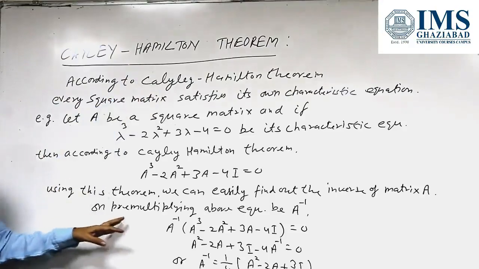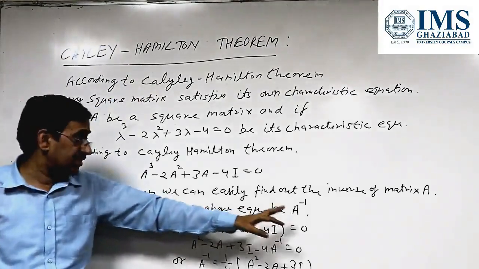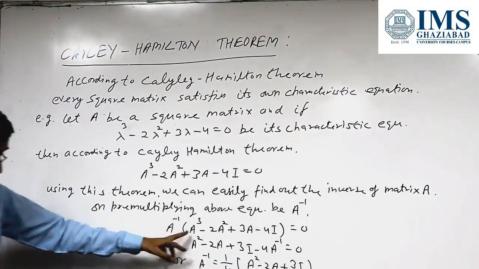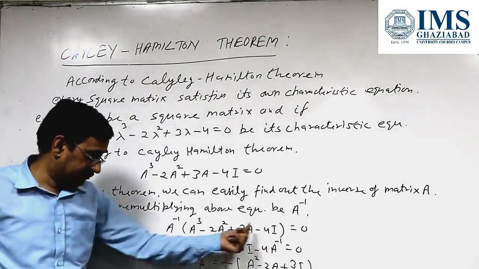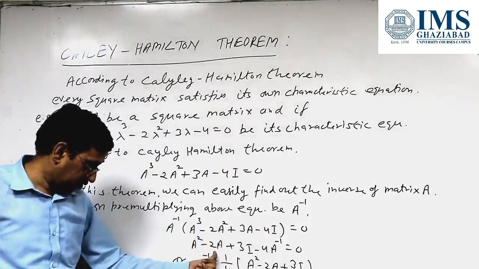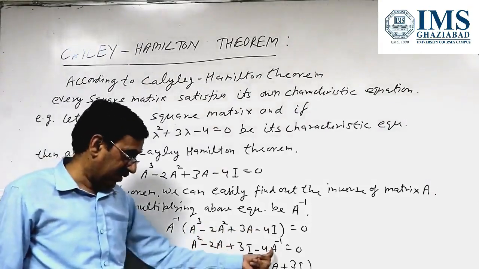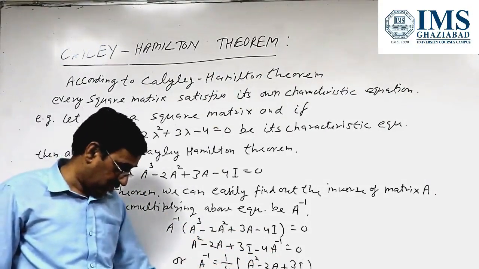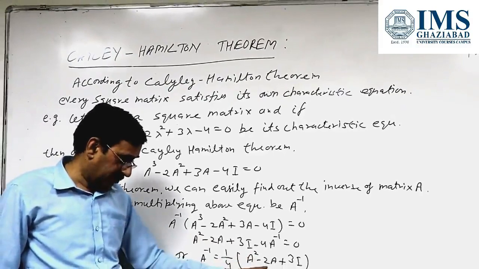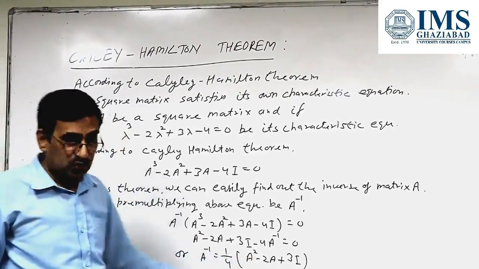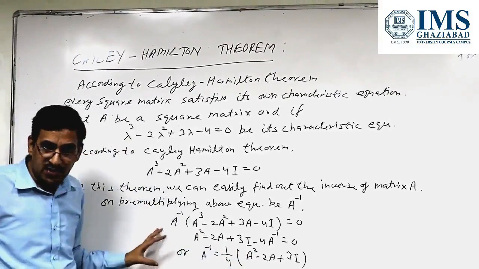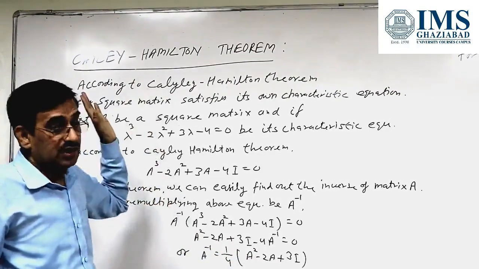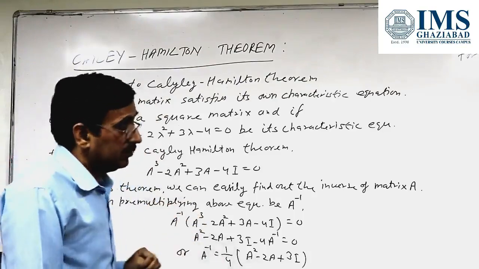So, on pre-multiplying the above equation by A inverse, we will find A inverse times A cube minus 2A square plus 3A minus 4I equals 0, that is A square minus 2A plus 3I minus 4A inverse equals 0, or A inverse is equal to 1 by 4 times A square minus 2A plus 3I. So this is a quite simple method to find out the inverse of a given matrix using the Cayley Hamilton theorem.